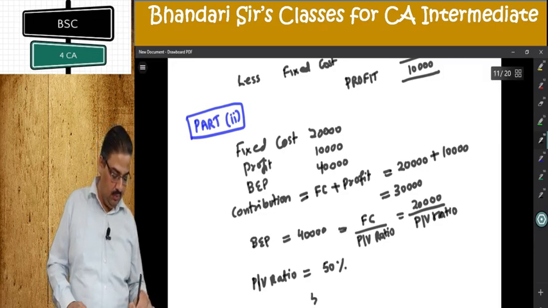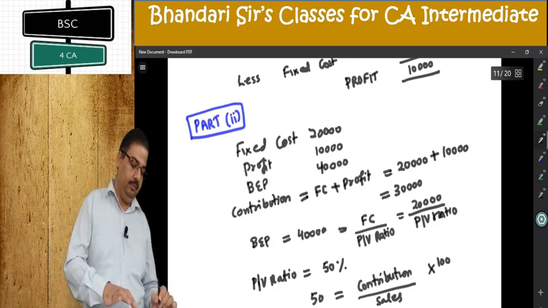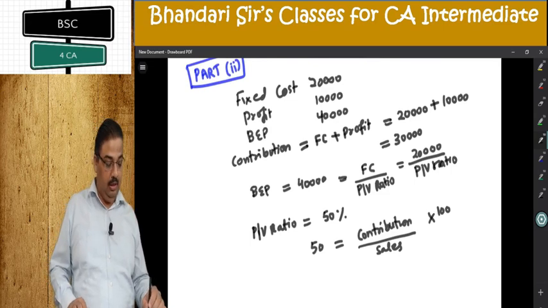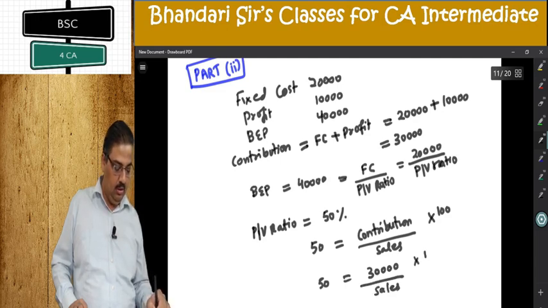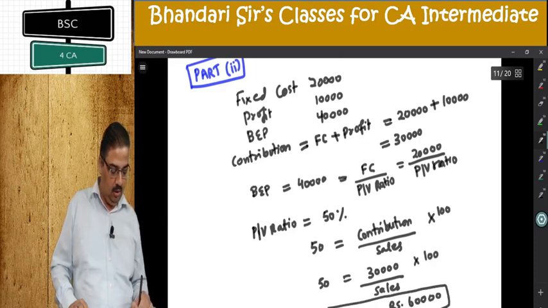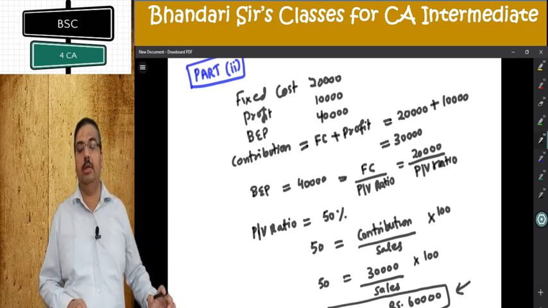And formula for this, 50 is equal to contribution divided by sales multiplied by 100. Now contribution we computed is 30,000. 50 is equal to 30,000 divided by sales into 100. So I can simply say sales is rupees 60,000. This is what question wanted me to compute. There can be alternative ways, but answer will be same.